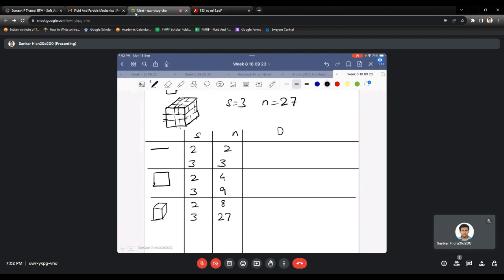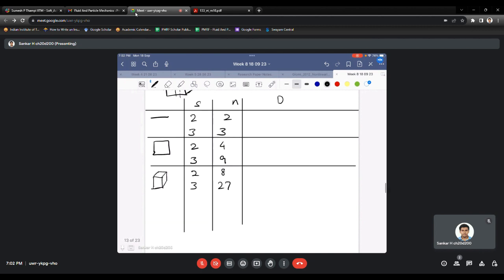Now, if we define the dimensionality of an object as D, we see that the number of pieces formed is equal to the scaling factor to the power D. Here D is the dimensionality of the object.